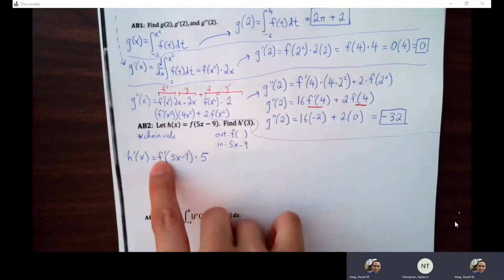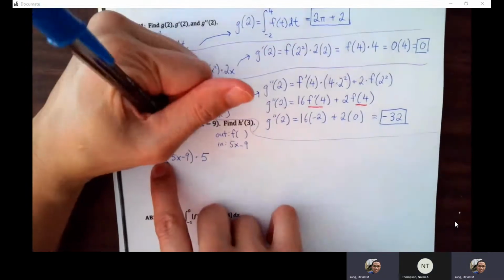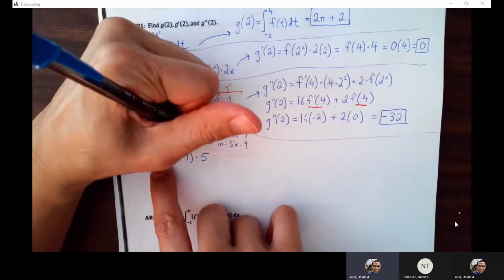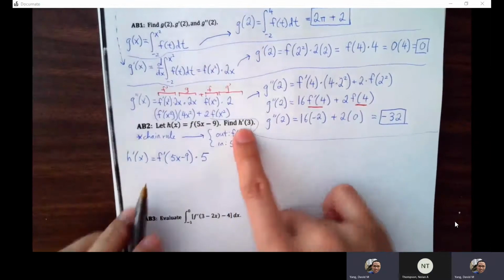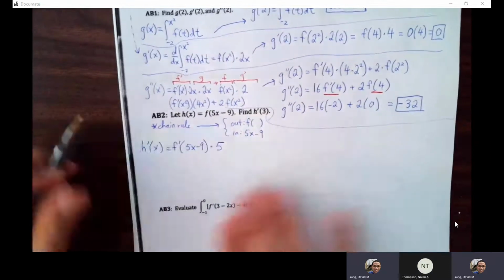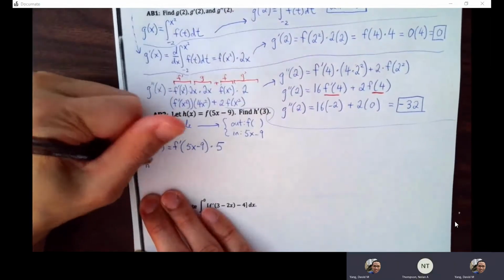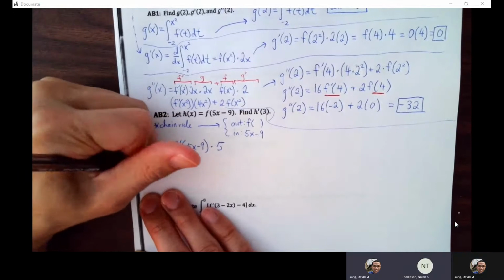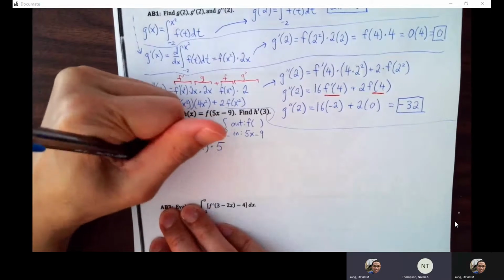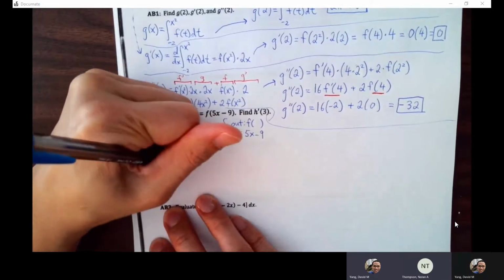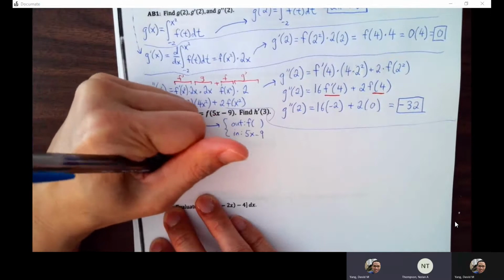All right, now that we've achieved h prime, we can now enter 3 in. So h prime of 3 equals 5 f prime of 5 times 3 minus 9.